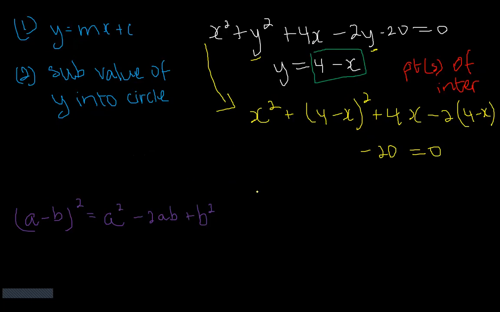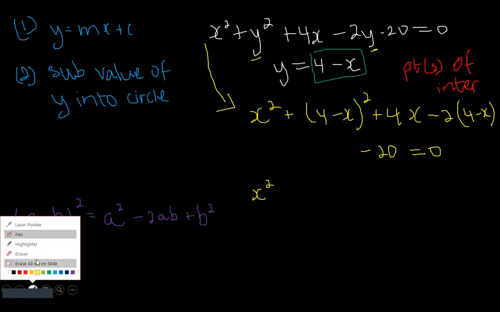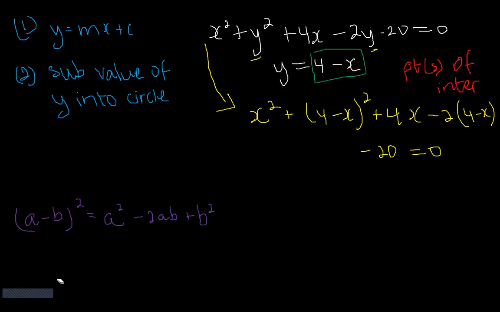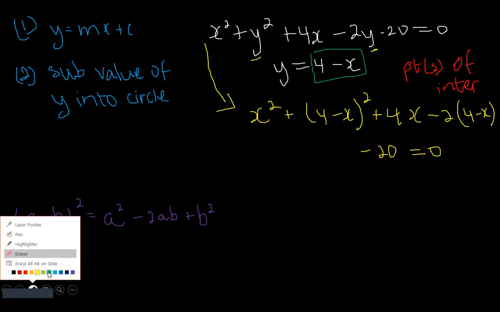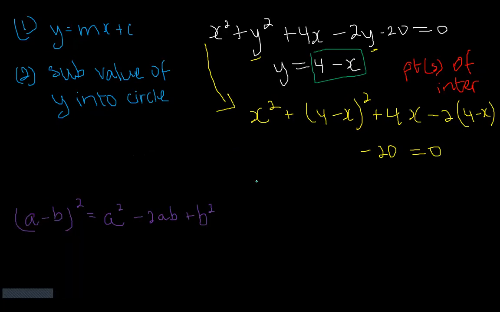So this becomes x squared. Let me use a different color. So this becomes x squared plus 4 minus x squared. According to this rule, a would be 4, b would be x. And the first thing I want to write is a squared.